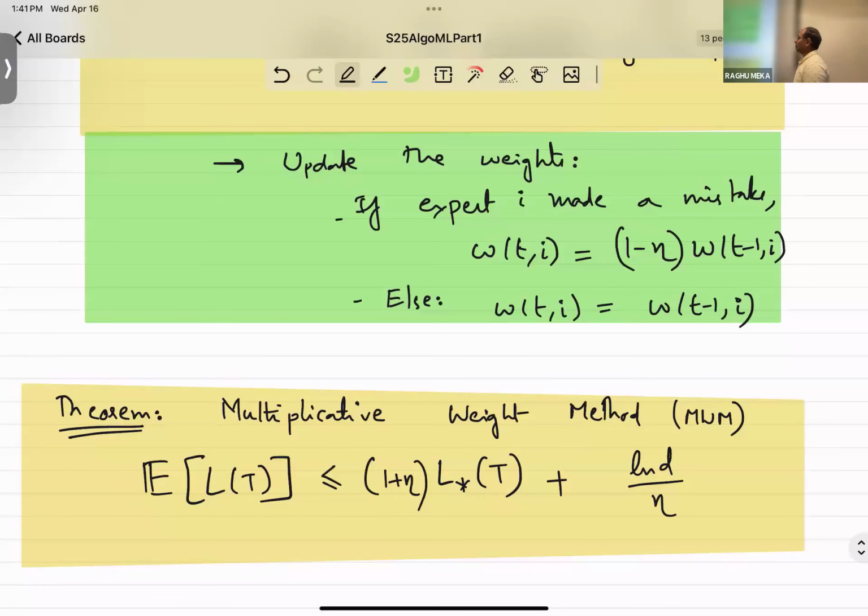So whenever I run multiplicative weights with learning rate parameter eta, I get a loss which is very close to L star. As the learning rate decreases, my multiplicative factor decreases, but the additive factor ln d by eta increases. And if you balance these two, you get the square root T term. Okay?